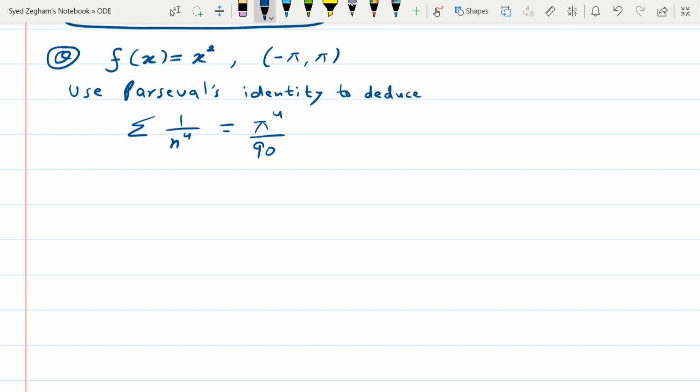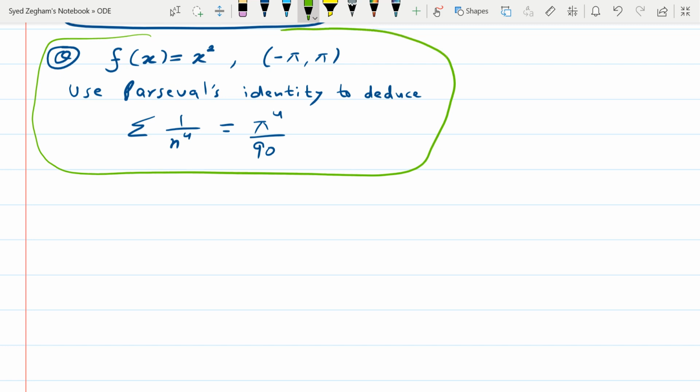Now another thing which we have to think here is that again two types of questions you will see in different books. Sometimes they will give you the question in this form.